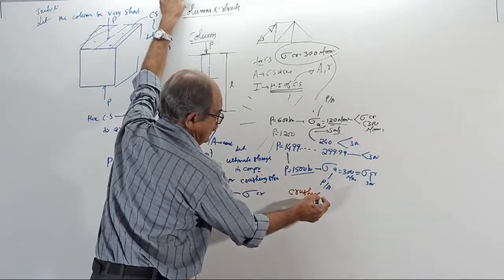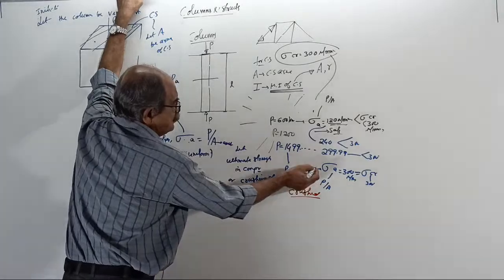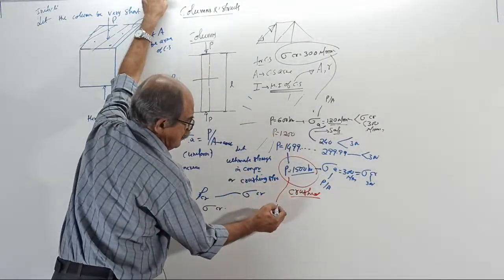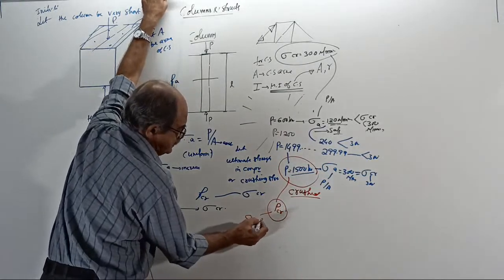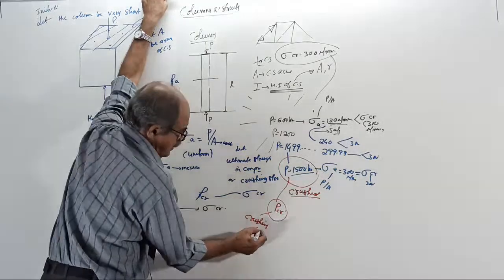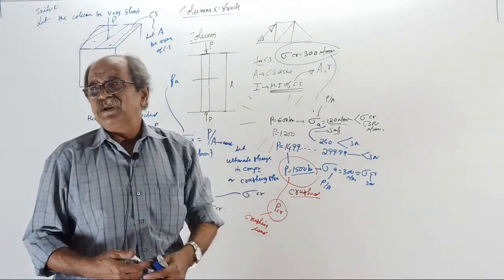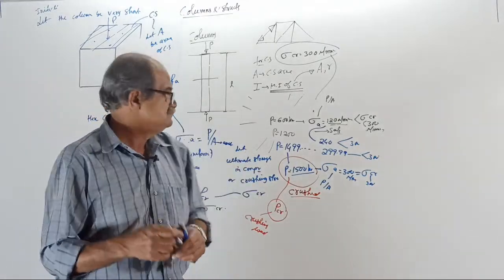See, red color. Crushed. Therefore, this 1500 kilonewton, this P, I can call PCR. What is PCR? It is called the crushing load, the axial force in compression when the material will get crushed.